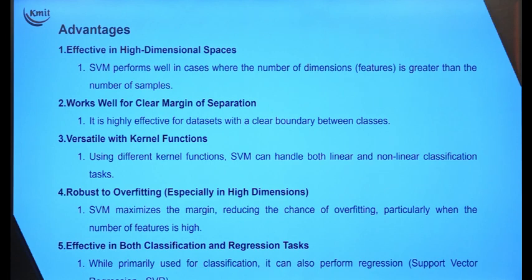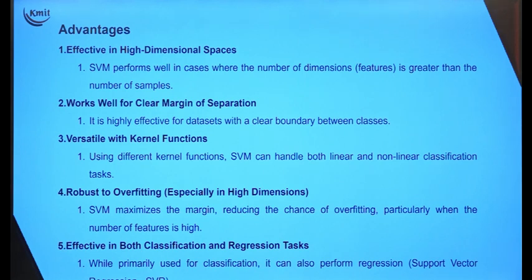So we have so many advantages when we talk about SVM. One, it works well in high dimensional spaces, and works well when there is a clear margin of separation between two different classes. It is versatile with kernel functions because SVM handles both linear and non-linear data. It is robust to overfitting because even if you have high dimensions, it performs well.